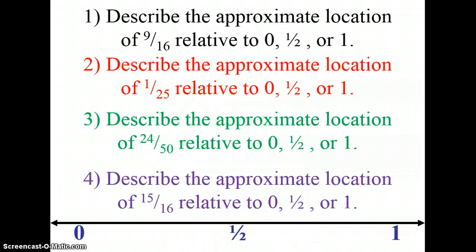In each of these problems, you need to describe the approximate location of the given fraction, relative to 0, 1/2, or 1. If we were estimating and rounding these fractions, would I make each of these fractions 0, 1/2, or 1? In the work section of your notes, go ahead, write the fraction, then write its approximate location.